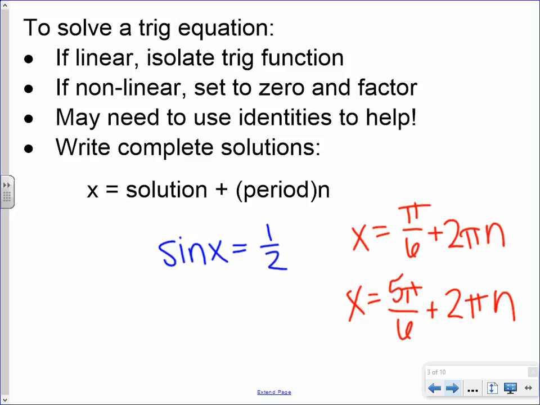So basically, we just need to do a lot of examples. Are these all going to end up with angles that we know? These are all going to be unit circle values. We're not going to use our calculator.